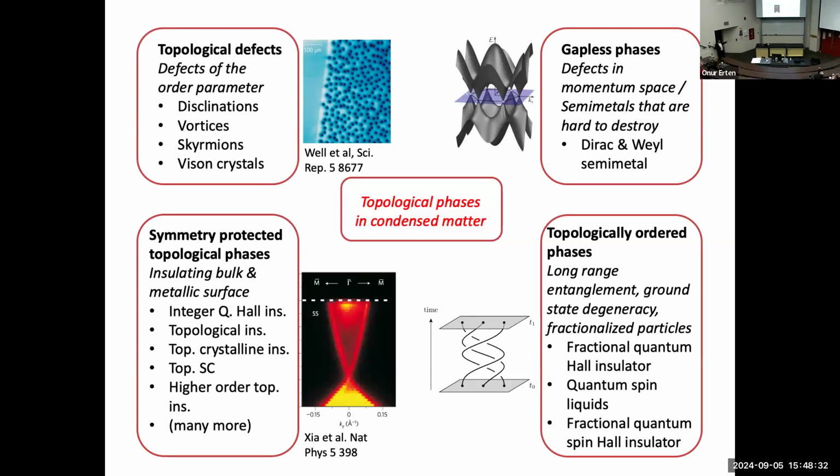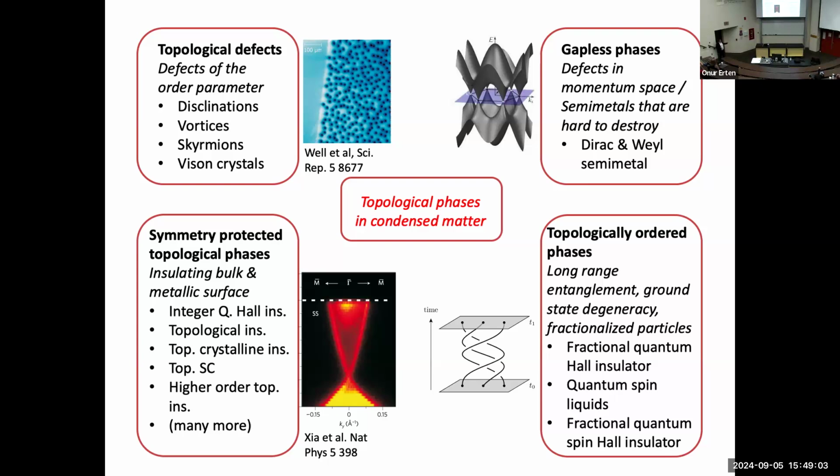It can be as simple as disclinations in a crystal. Or if you have a superconductor, it can be vortices. These are the vortices of, I think, a high temperature superconductor. Or if you have more complicated order parameters, like magnetic systems, you can have other topological defects like skyrmions and meron crystals. So these are topological defects in real space.